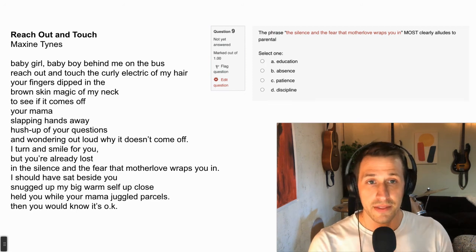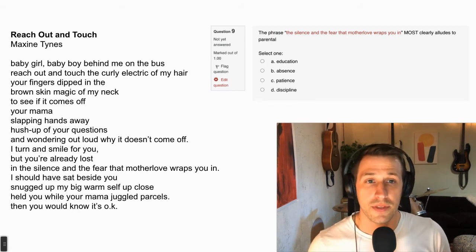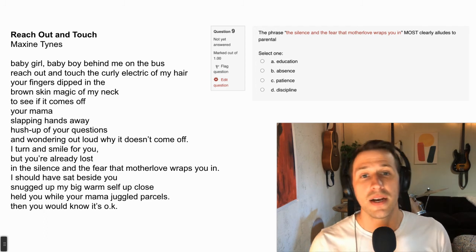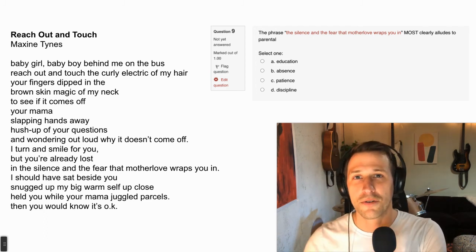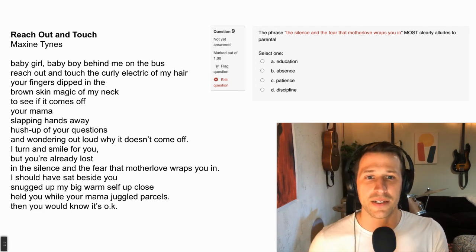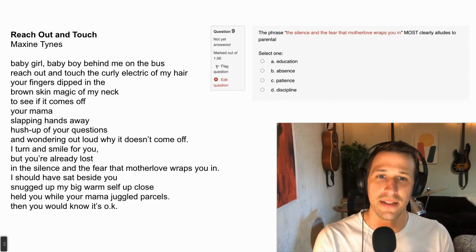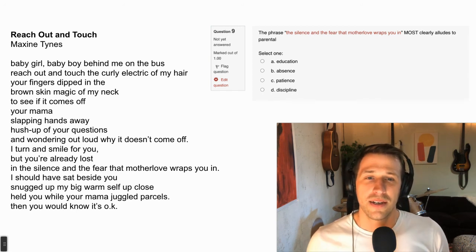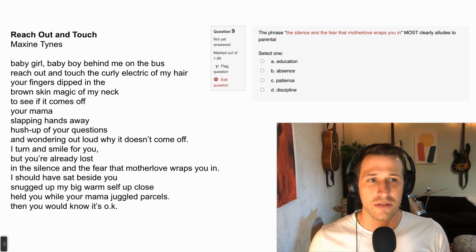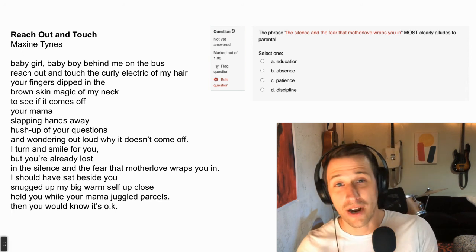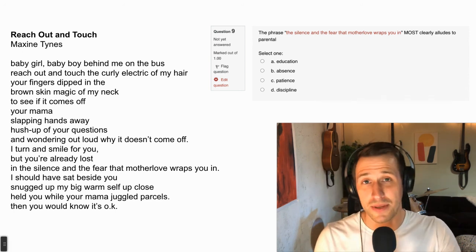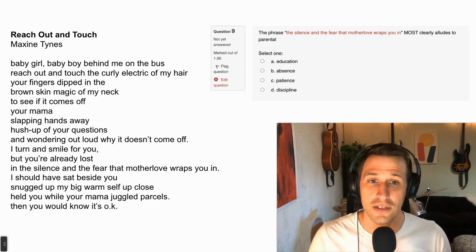The phrase, again, the same one, this metaphor, the silence and fear your mother love wraps you in, that's alluding to the parental what? It suggests that this mother, what's it connected to? Her education, her absence, that she's not there. Well, she is there. She's maybe a step away juggling these parcels, but she is there.